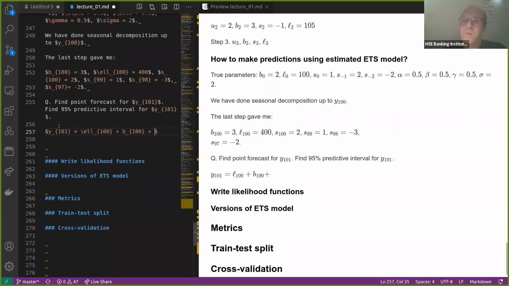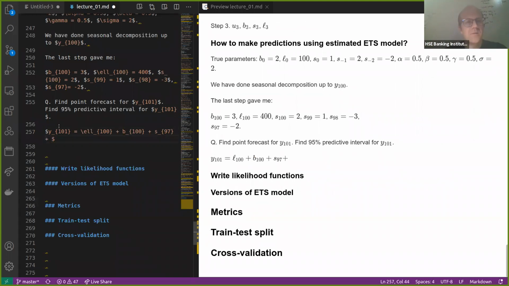Yeah, plus, no, not S100, S98, because I have quarterly data. The seasonal effect of 101 is exactly the seasonal effect 4 seasons before, so I should add S97. And plus U101.